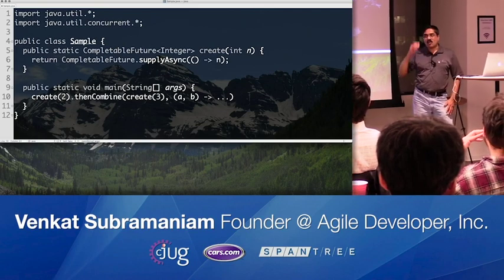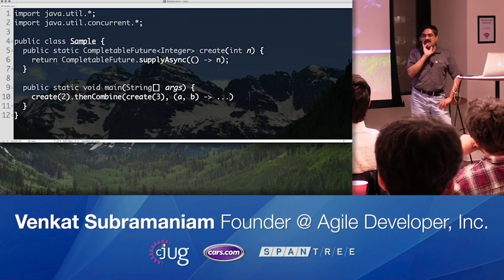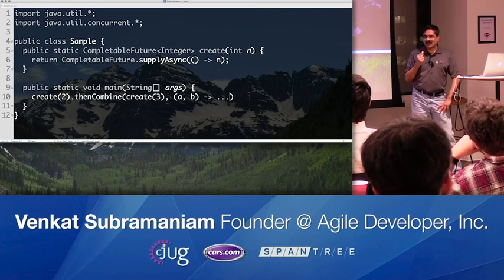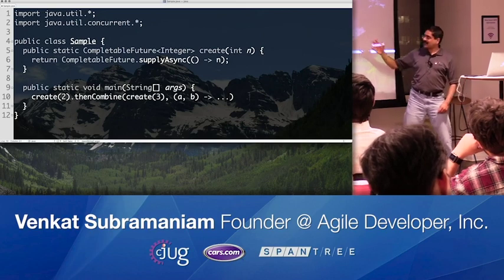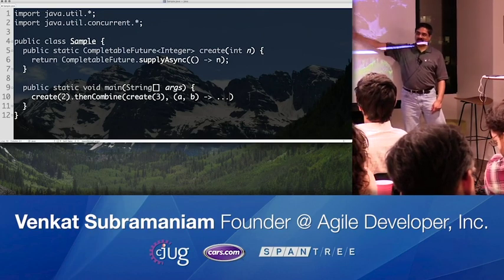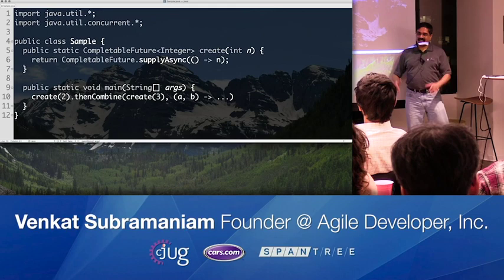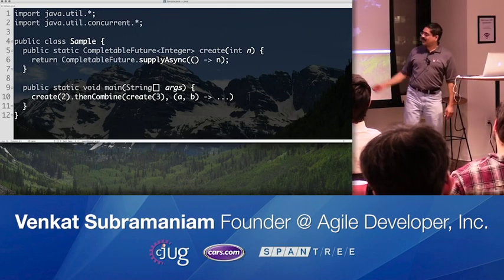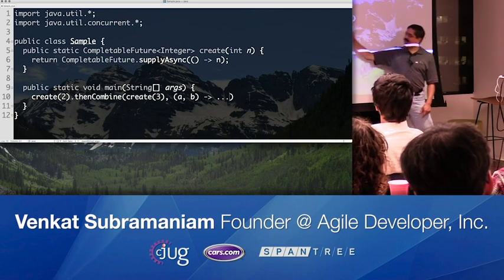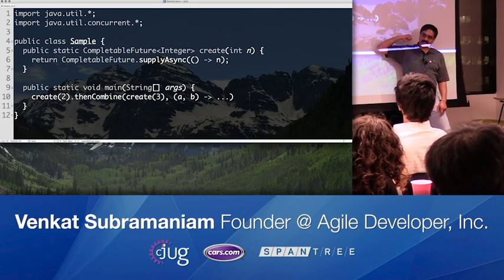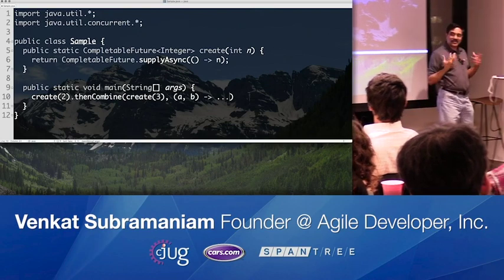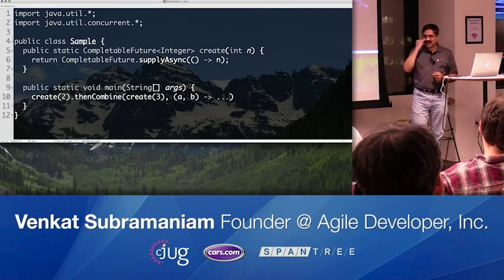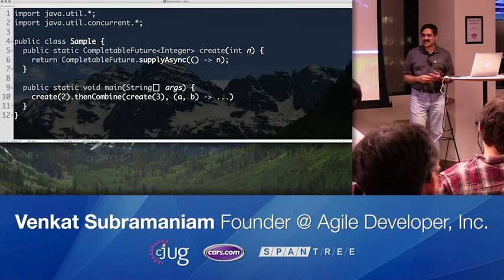Maybe I'm going to say whether you are eligible for participating in a particular plan at work. For you to participate, there has to be something you are eligible for in the benefits, and something you should be participating in the profit sharing, then you can apply to this, not otherwise. So it may be a qualification criteria. But in order to decide that, I need data that comes from two different services. So combine is really to say, I've got two asynchronous things going, and I have to bring them together. Typically that's what I would say: two different services, I want to bring them together.